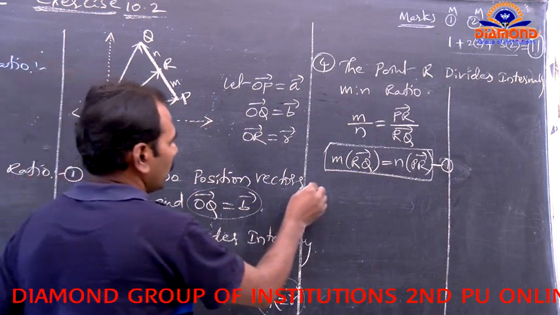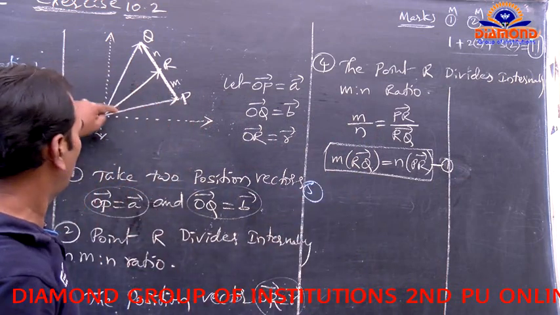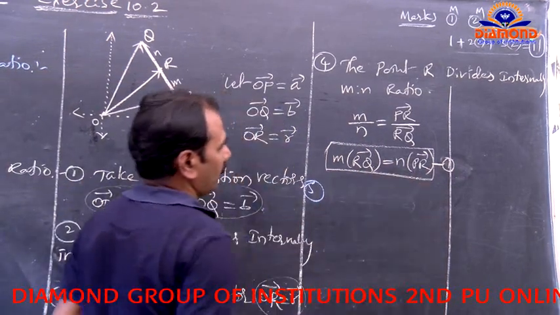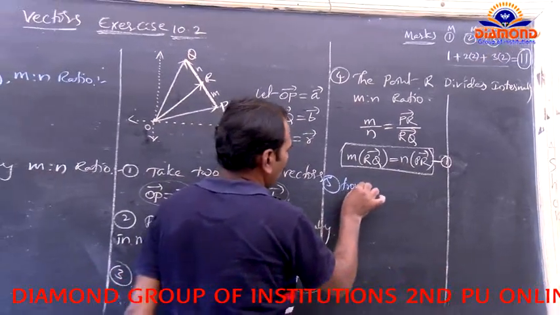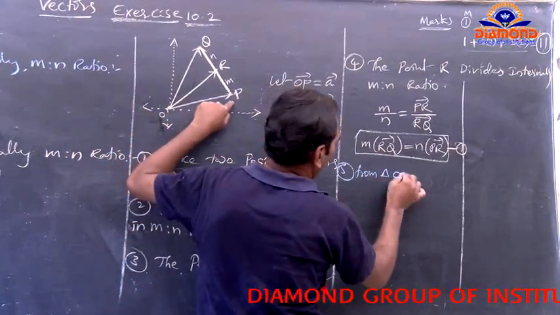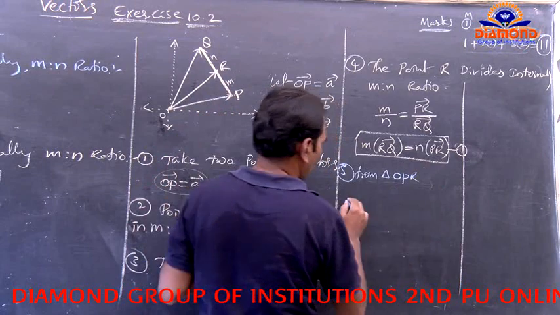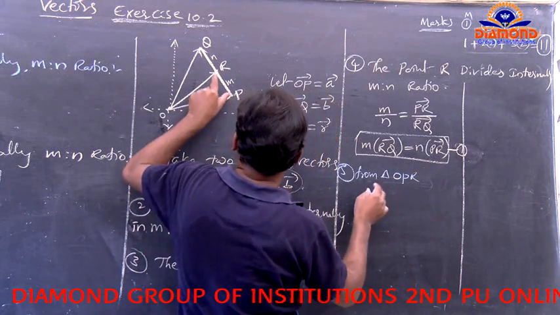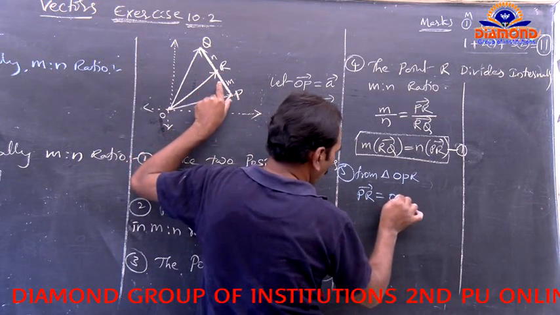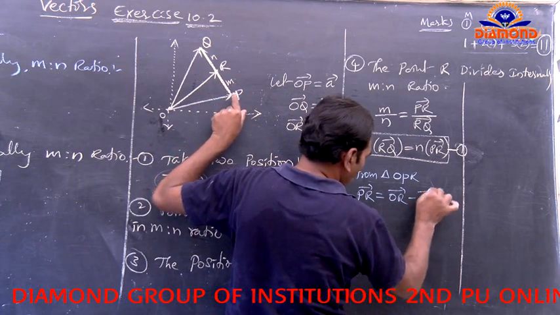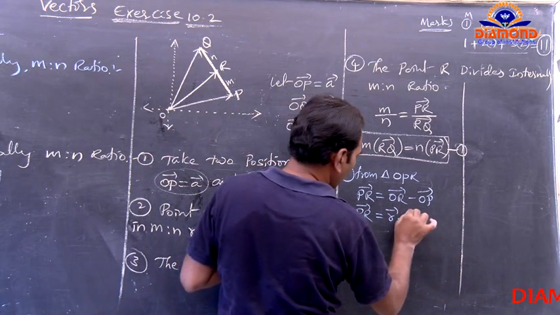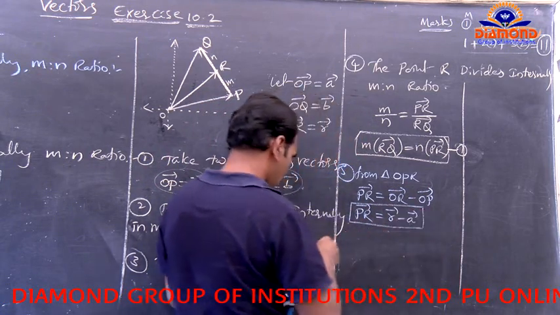So simple. First we calculate, using triangle OPR, PR vector equals OR bar minus OP bar. So PR vector equals R bar minus A bar. This is PR bar.